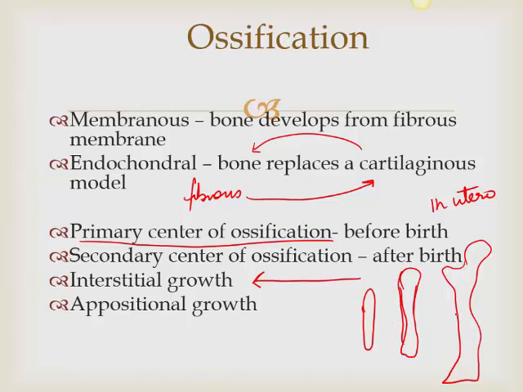Notice in this same picture, from this thickness it's gone here, and then it's gone more like this. So growth around, or in thickness, is known as appositional growth. Both types of growth will occur as bone is ossifying.